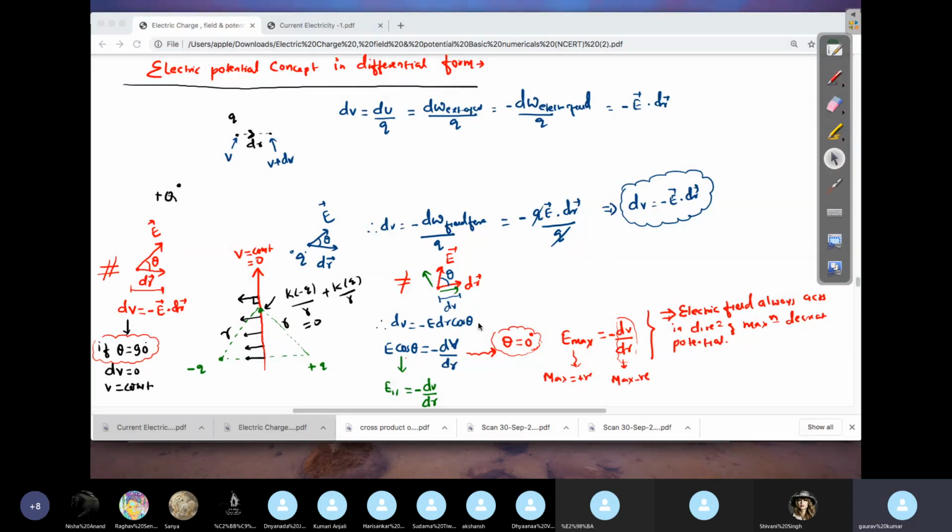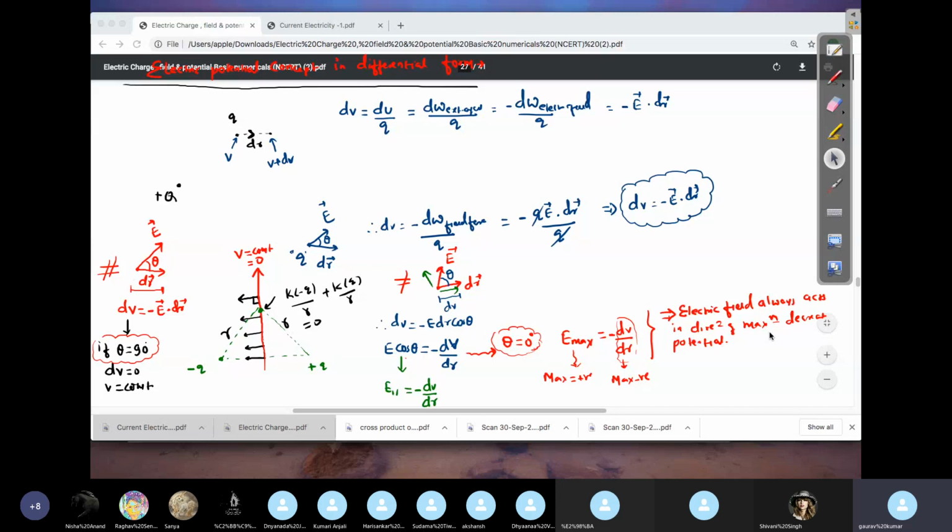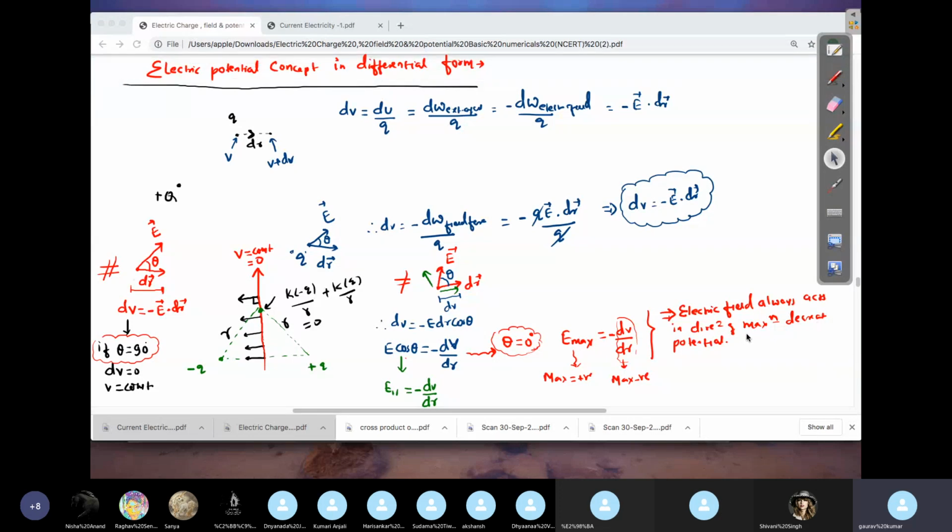Because you have taken the case of 0 degree. 0 degree means you are moving along the direction of the electric field. So obviously, when you move along the direction of the electric field, this becomes maximum. Maximum positive means this dV by dr is maximum negative. Then only you get maximum positive, no? And therefore our conclusion is that electric field always acts in direction of maximum decreasing potential.